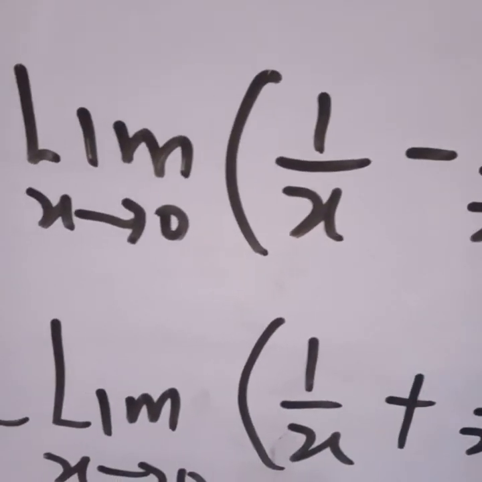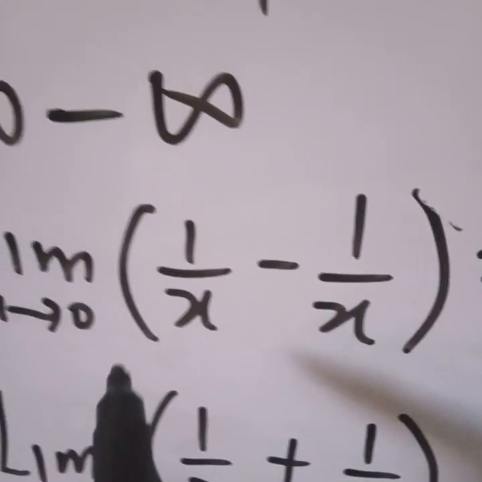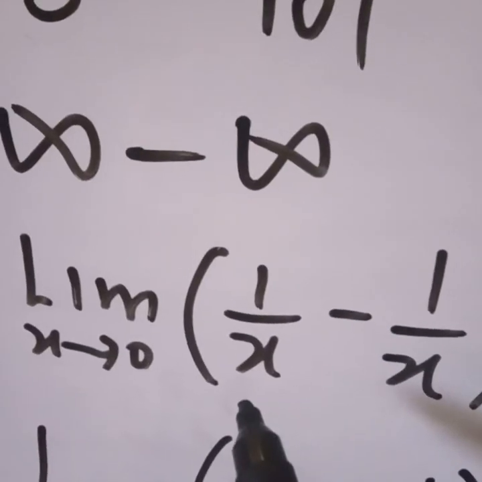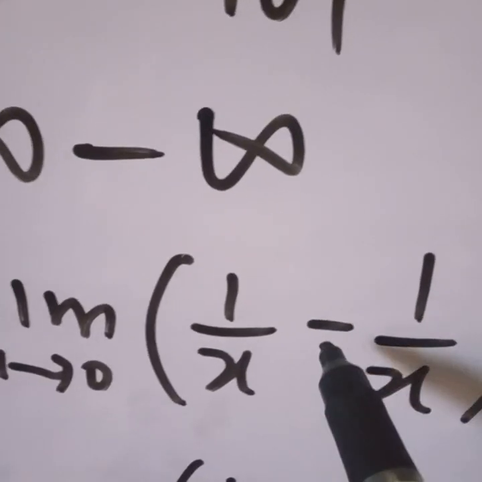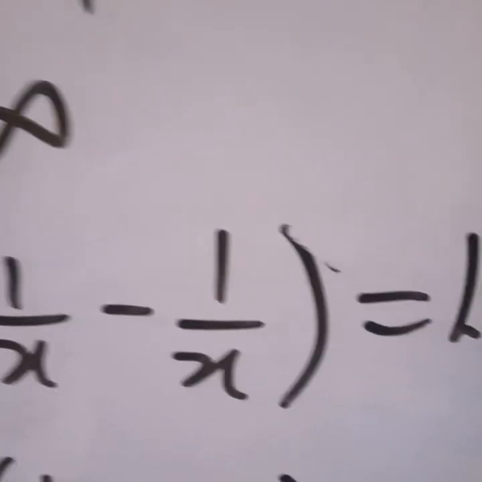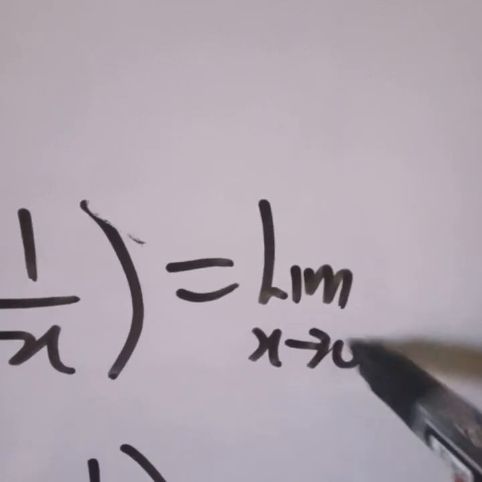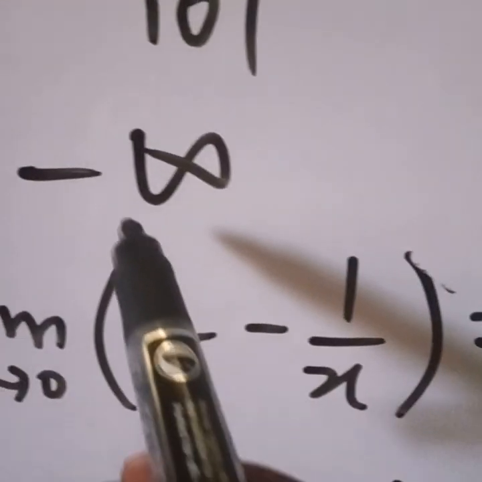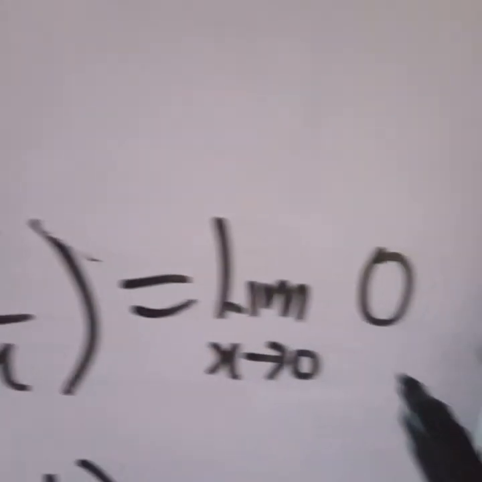So when we simplify this further, 1 over x minus 1 over x is 0. We haven't applied the limit yet, so this is 0. That is 1 divided by x minus 1 divided by x, which is 0.